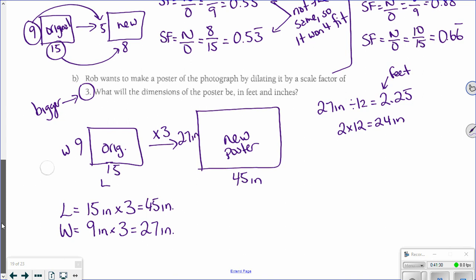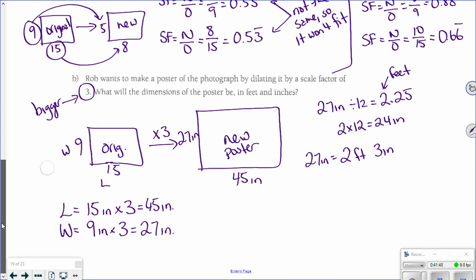So that means from 24 to 27, I have 3 inches left over. So this is going to be 2 feet, 3 inches. So 27 inches equals 2 feet and 3 inches.